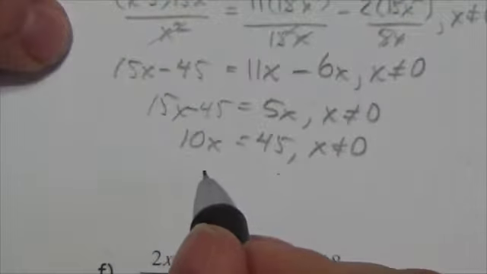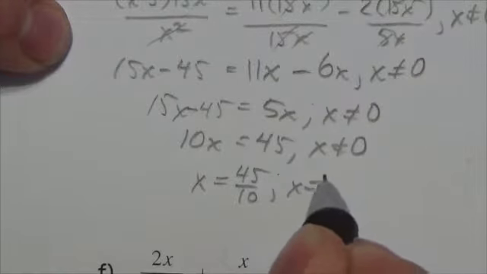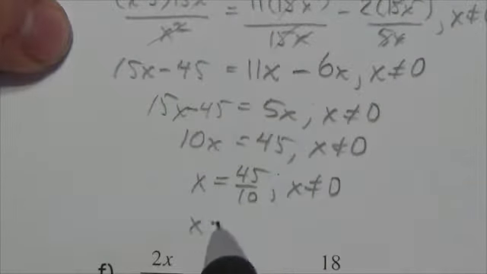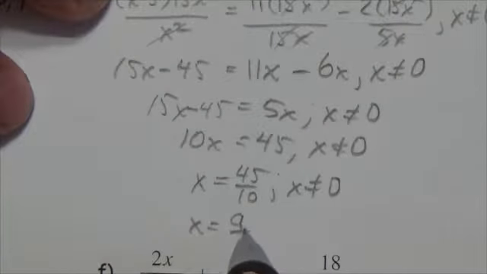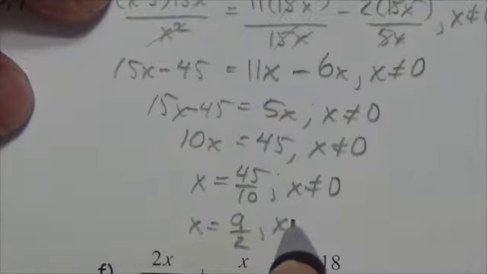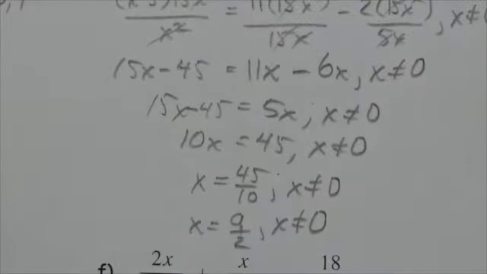And then I'll divide, get x is going to be 45 tenths, where x can't equal 0, but I'm not going to leave it like that. There's a common factor of 5 there, so that'll be 9 over 2, where x can't equal 0. And again, x doesn't equal 0, so there's my answer, 9 over 2.